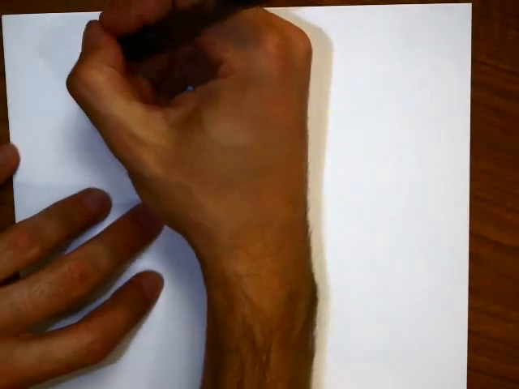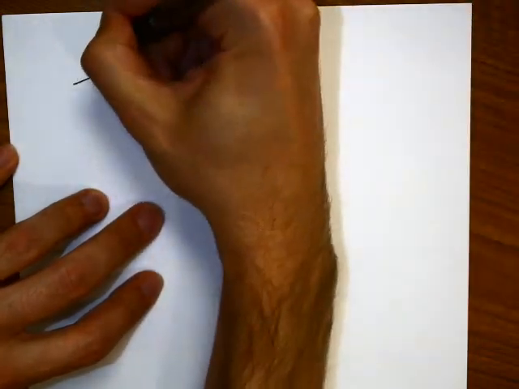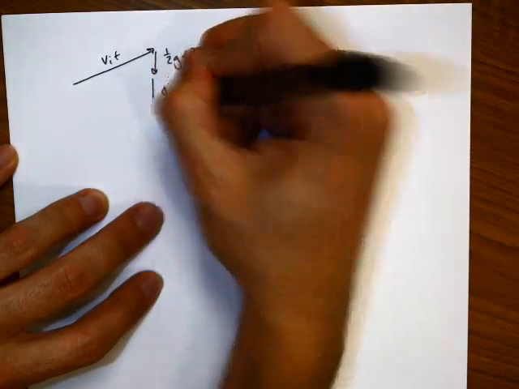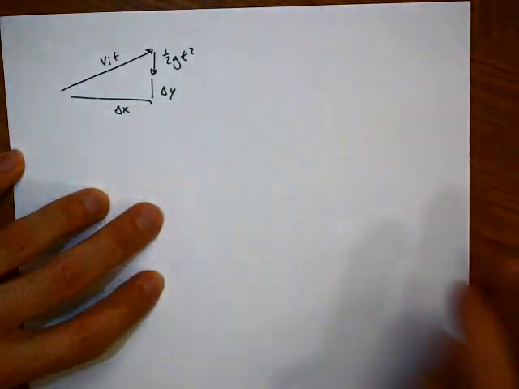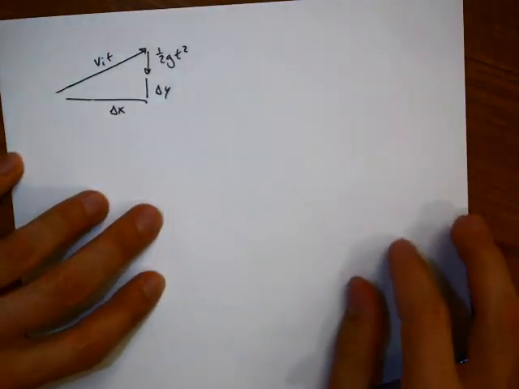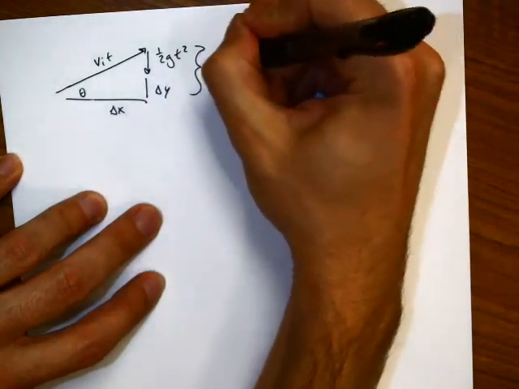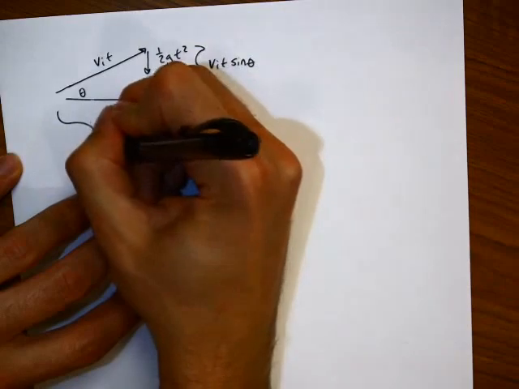Let's do a football problem. I'm going to start by recreating that vector diagram. VIt and 1/2 gt squared, where this equals delta y and that equals delta x. It does not need to be very pretty. That means that this side of the triangle is VIt sine theta, and that side is VIt cosine theta.